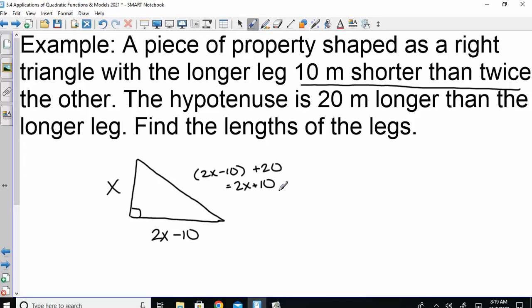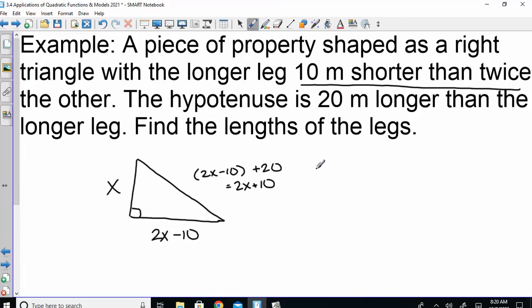How do you get to it? Negative 10 plus 20. So I have everything in terms of one variable. But that's pretty much all I gave you, and I have to somehow figure out what these legs are.